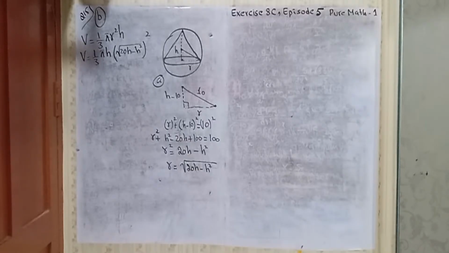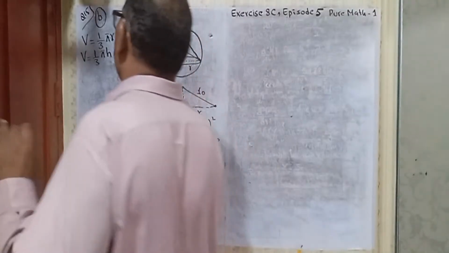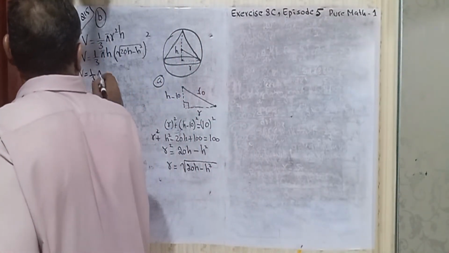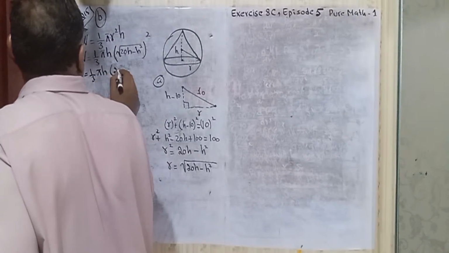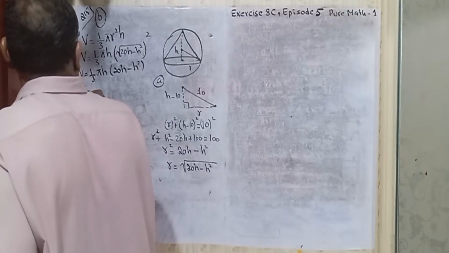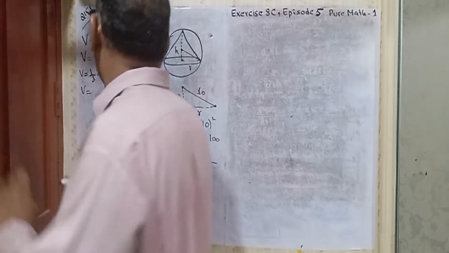The r's value I have put there, and I wrote the h first. Now this square and this square root will be cancelled. So the volume will be equal to 1 by 3 pi h into 20h minus h square.